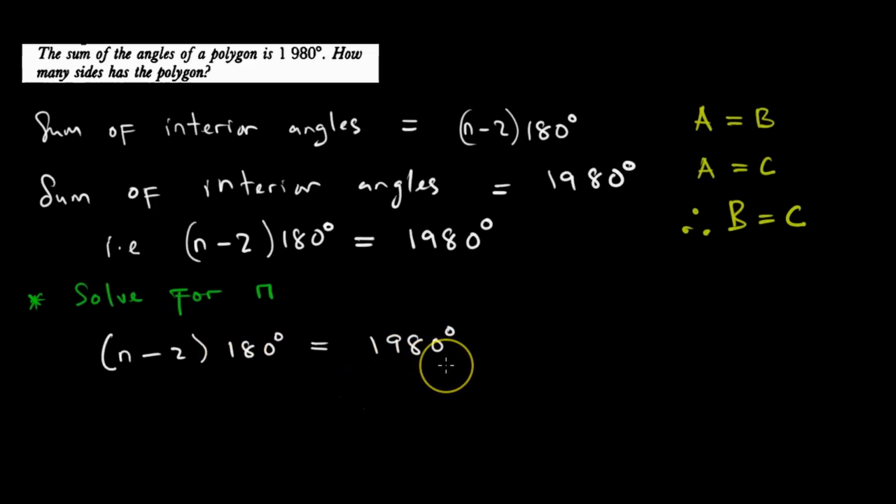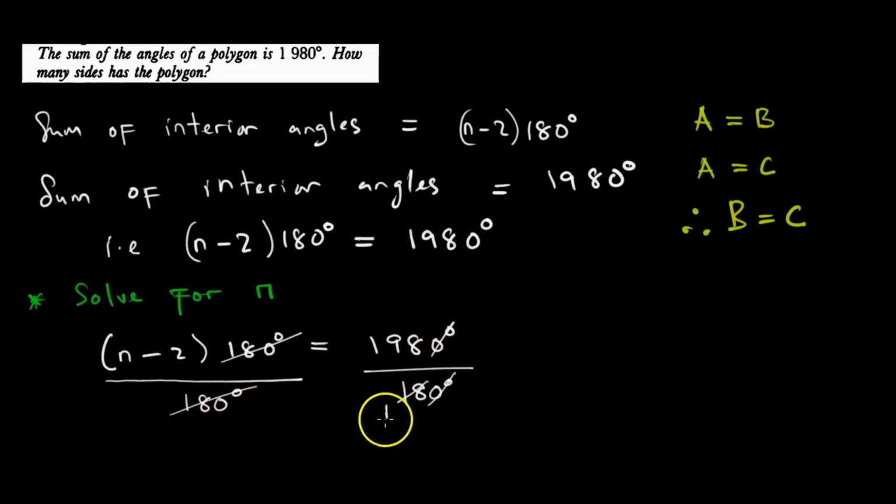There are many ways of killing a cat, but I would argue that we can do it like this. We can employ that fancy method where we divide everything in the equation by a common factor. So we divide by 180 degrees here and by 180 degrees there too. So 180 cancels 180 on this side, leaving the bracket of n minus 2. Then these zeros cancel.